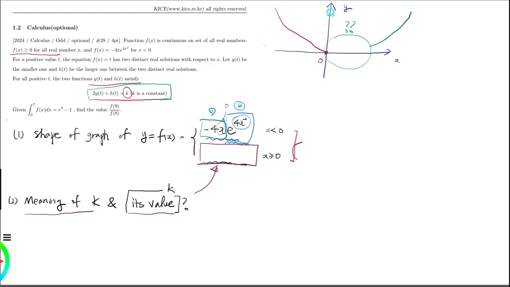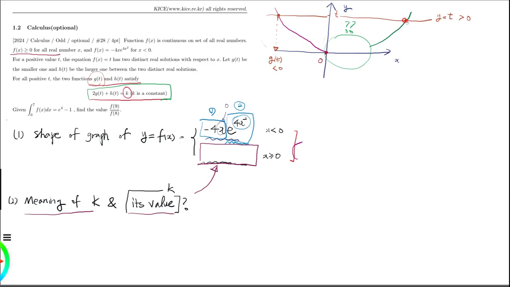For a positive t value, y equals t is a line parallel to the x-axis. It has two solutions. One is the negative solution, the smaller one, designated g of t. It is always negative.